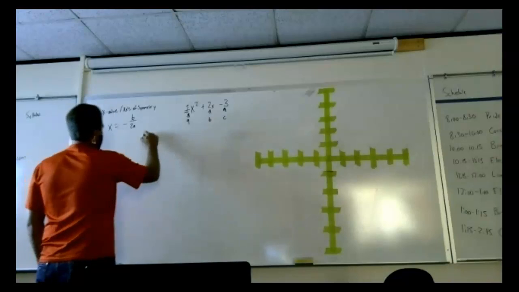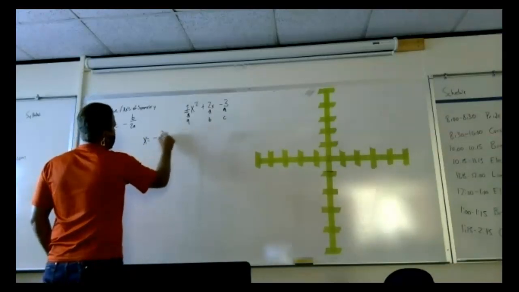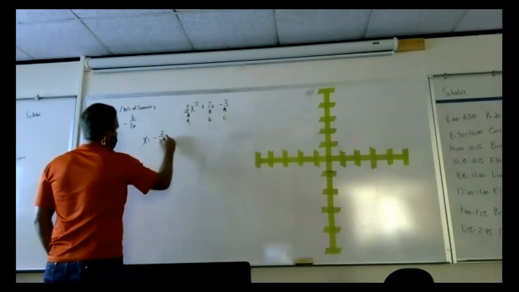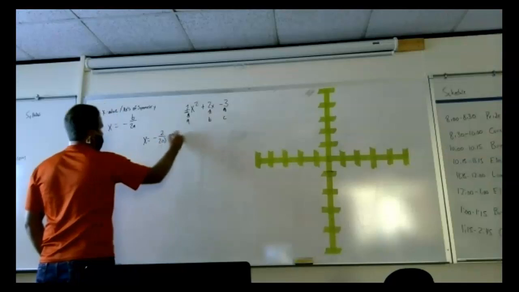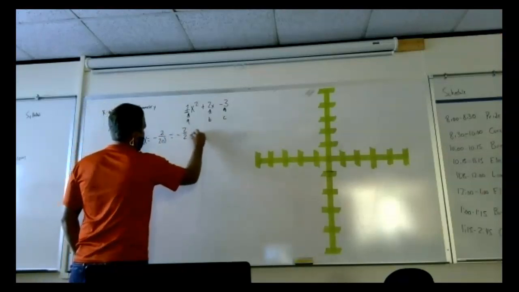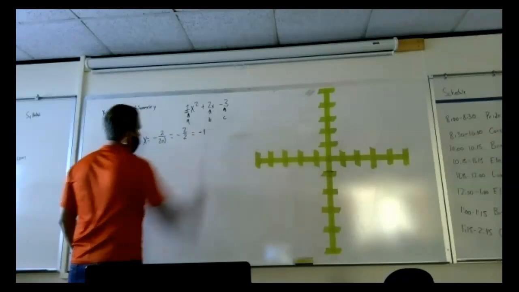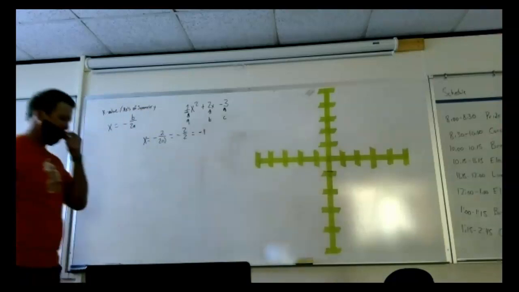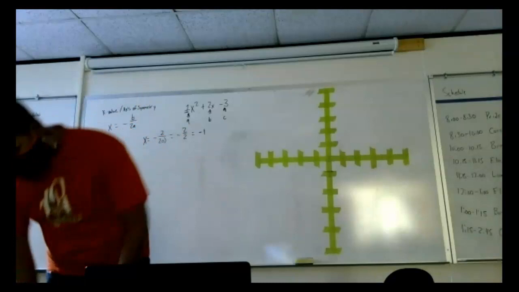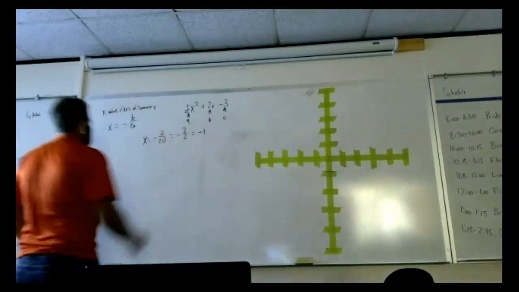If I plug those in, x is equal to -b over 2a, so -2 over 2 times 1. That simplifies to -2/2, which simplifies down to -1, because our numerator and our denominator are the same. So you can see we get the x value of our vertex as -1.